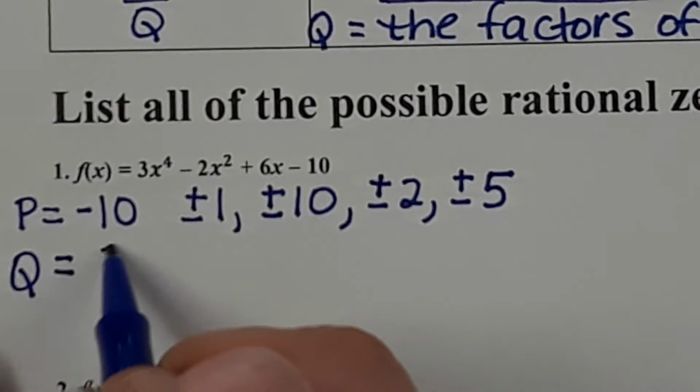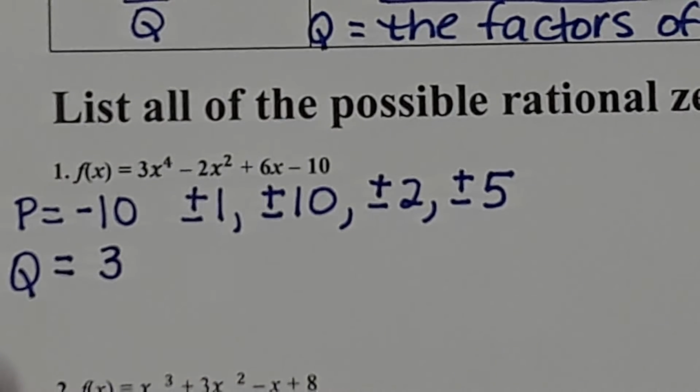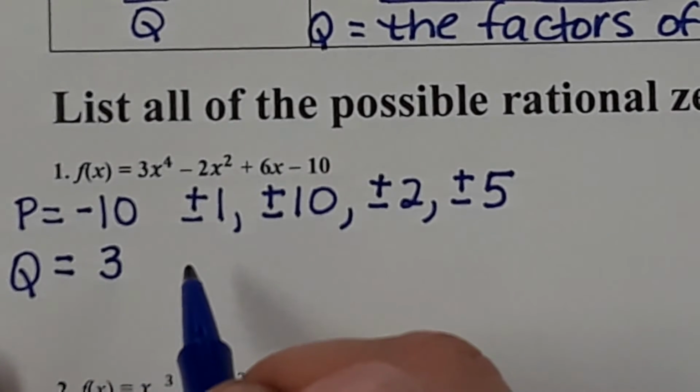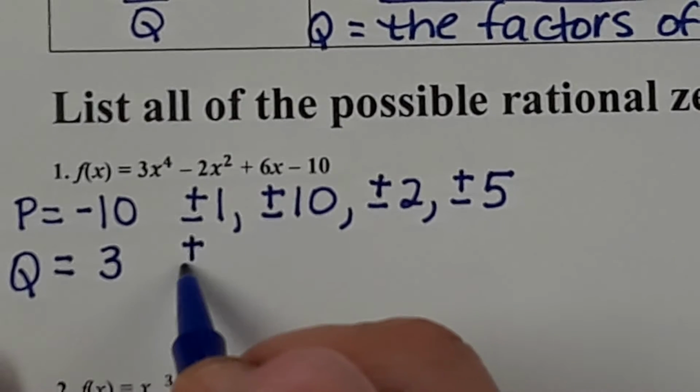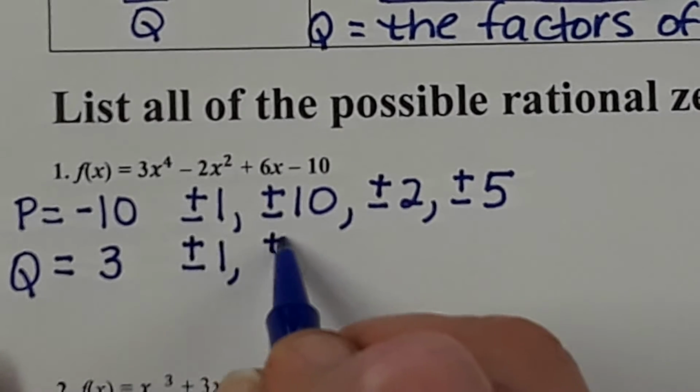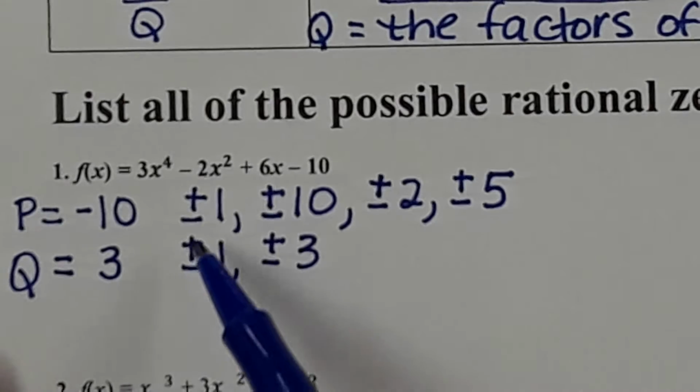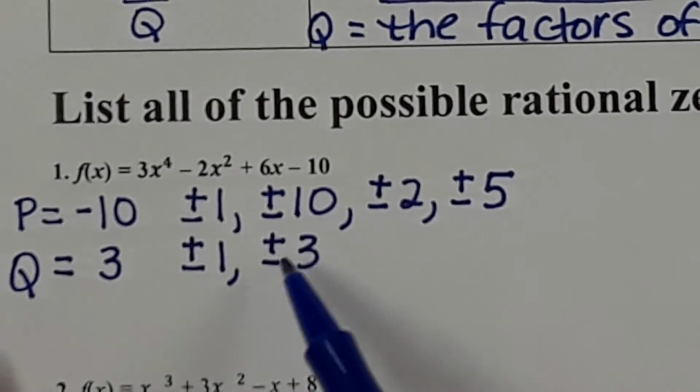Q is 3. So we're going to list the factors of 3. Again, they're always going to be positive and negative. So the factors of 3 are plus or minus 1, plus or minus 3.